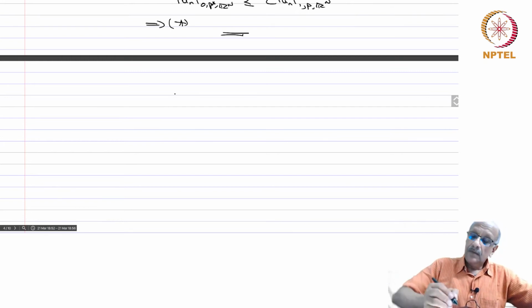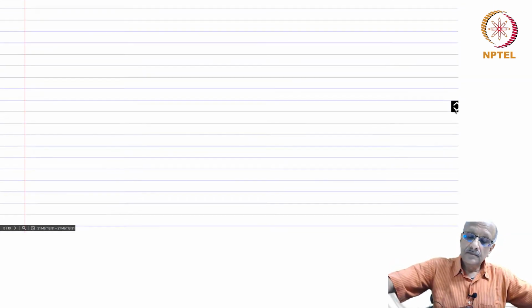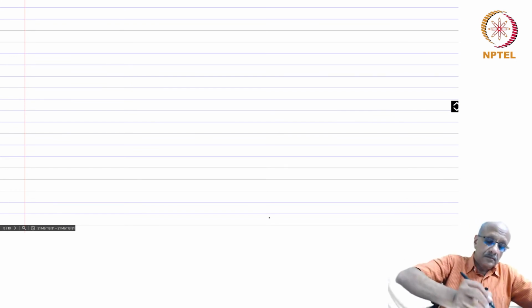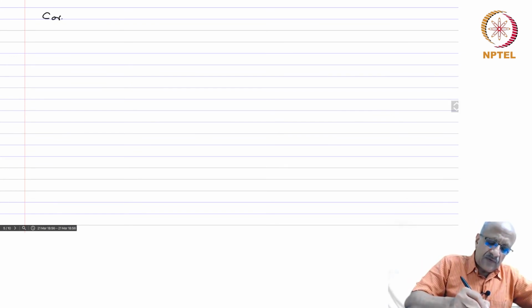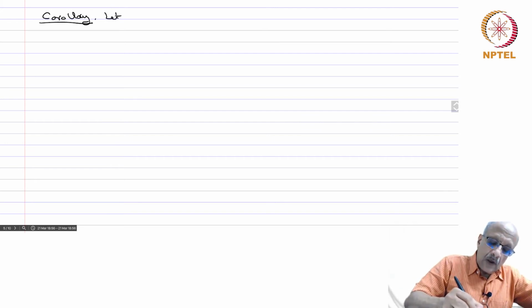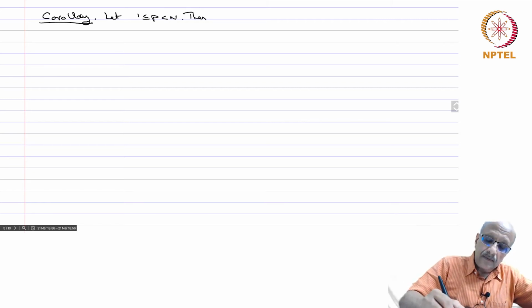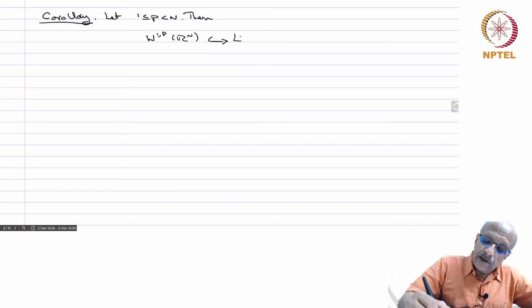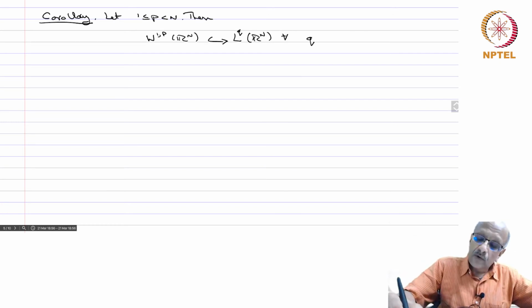So now we will see some corollaries of this. Corollary: let 1 less than or equal to p less than n, then W^{1,p}(R^n) is continuously included in L^q(R^n) for all q belonging to [p, p*].